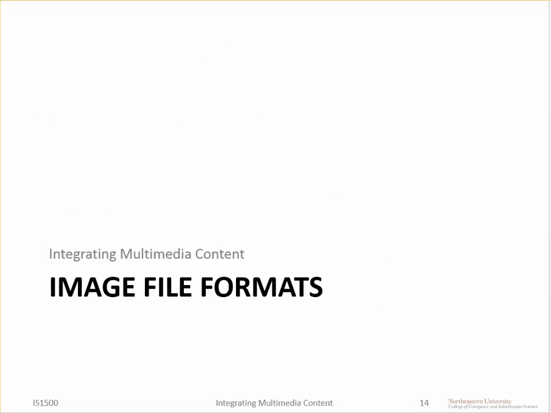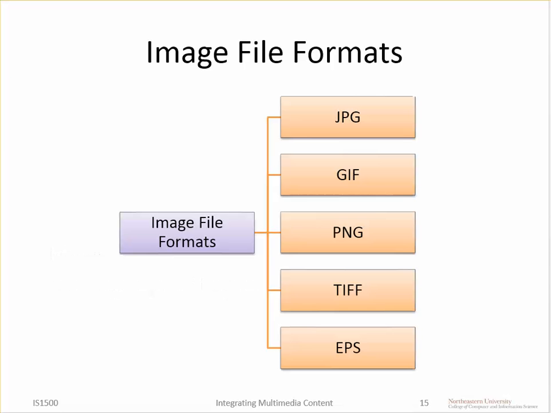So how exactly are images, scan lines, pixels, and colors then represented? Well, that is dependent on the image file format that you use to store your image. There are today about 5 common image file formats in use: JPEG, GIF, PNG, TIFF, and EPS. Let's talk about the most commonly used ones.